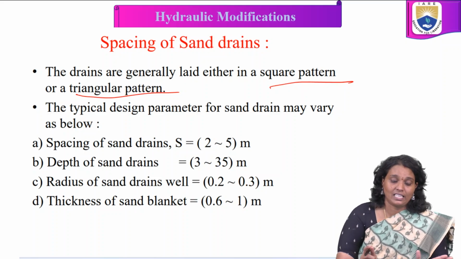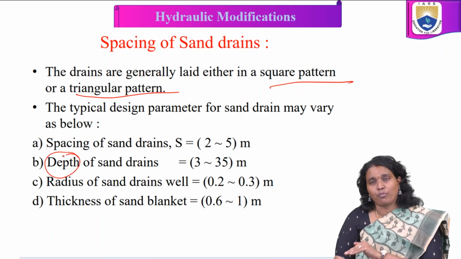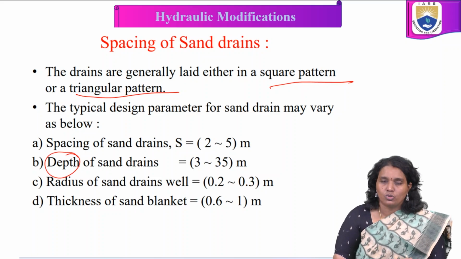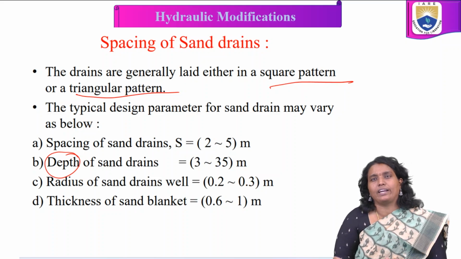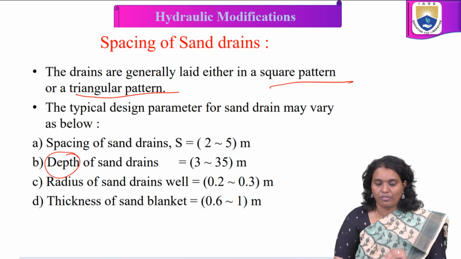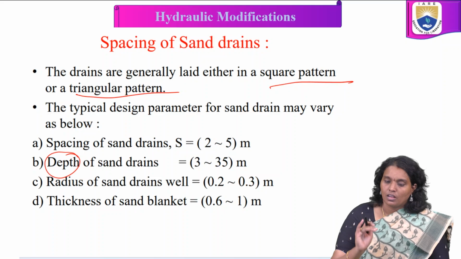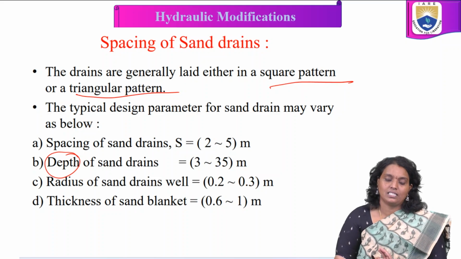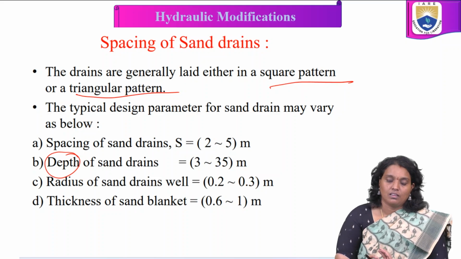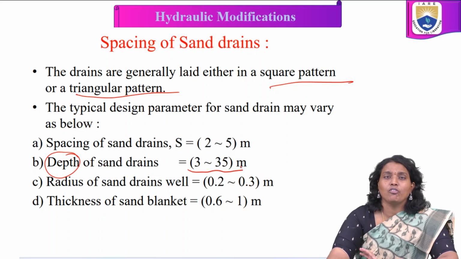It depends upon which type of construction work we are doing, how much foundation depth is needed, and the elements we are going to construct below the ground level. In addition, how high the water level is. These two parameters play a role in deciding the depth of the sand drains. The depth varies from 3 to 35 meters.